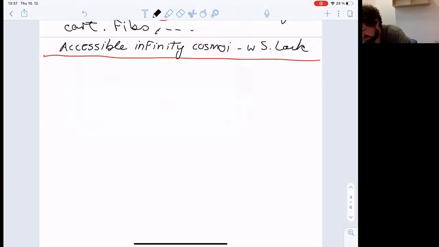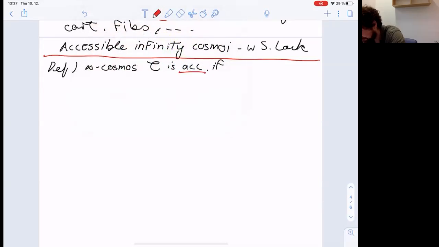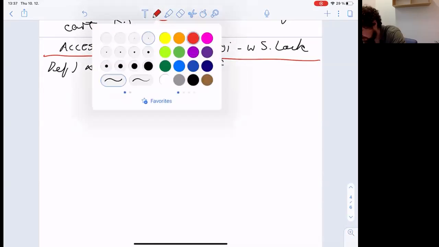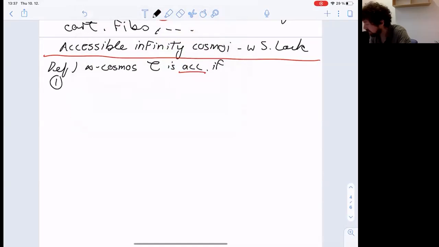So what's the definition? This is the main thing today. So an infinity cosmos C is accessible if, one, the first thing is C is accessible as a simplicially enriched category.